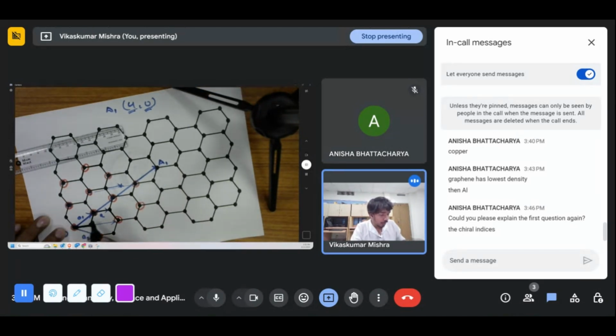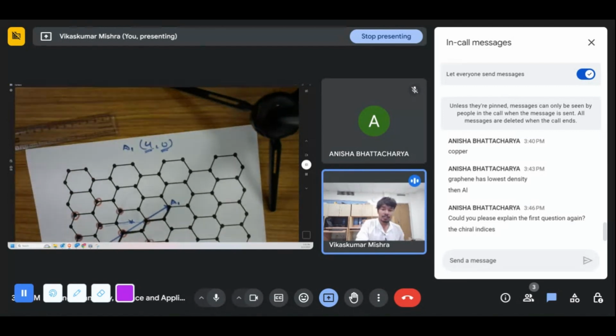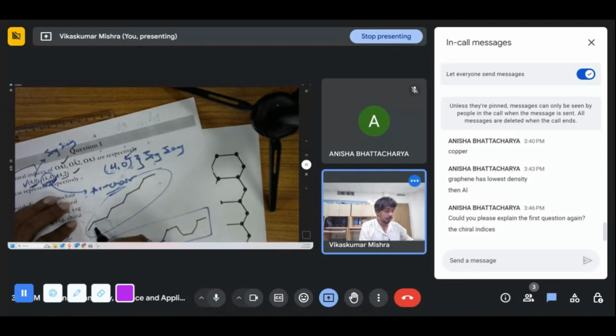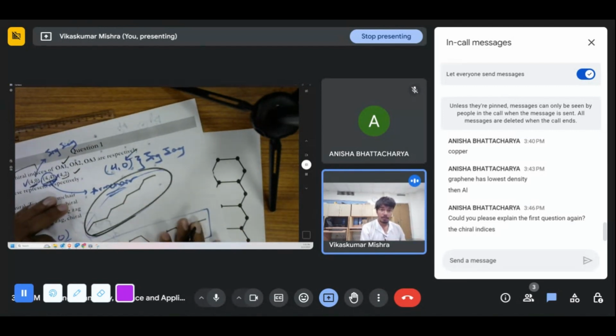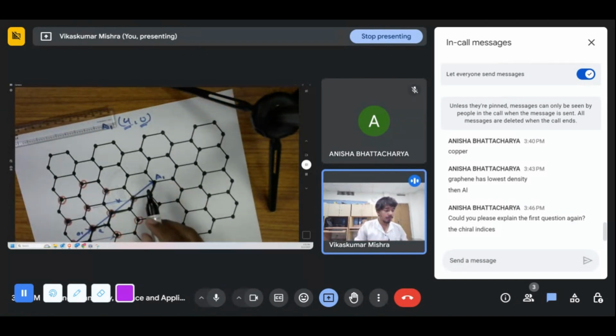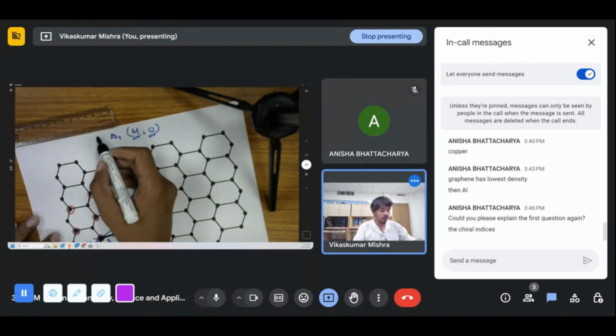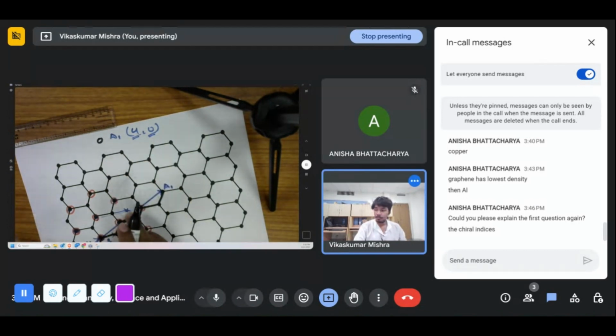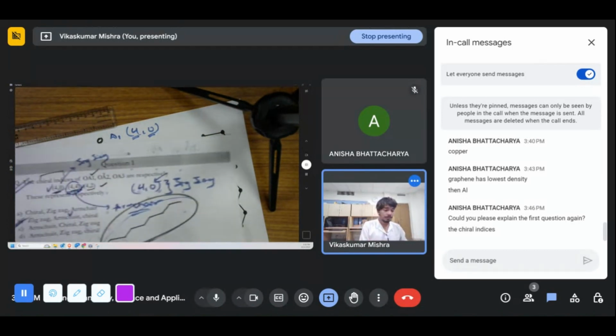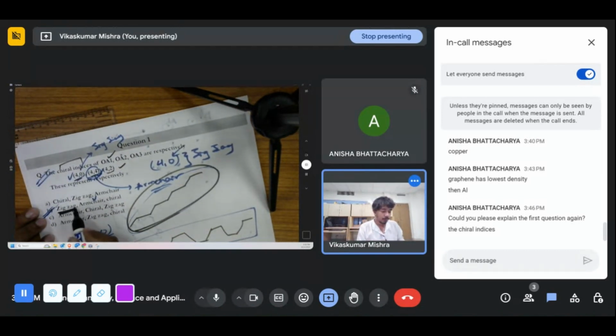I can go like this, somewhat zigzag, something like this. So with that we got to know that the vector OA1 is a zigzag one. So 4 comma 0 is over. Till now, is it clear, Anisa?